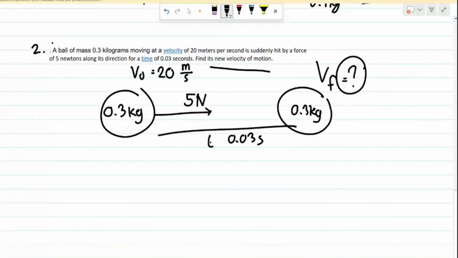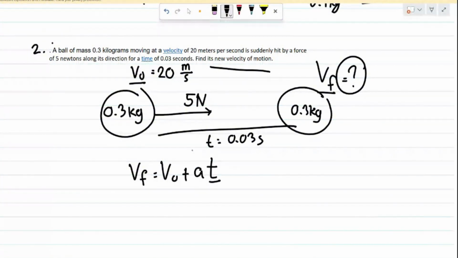Sir, meron po tayong time, meron tayong hinahanap na V sub F at merong given na V sub O. So I think we can use our second equation. So andyan po yung ating V sub F is equals to V sub O plus A times T. Meron po tayong time, meron tayong V sub O, nawawala po si V sub F. Therefore, kailangan muna po nating hanapin ang ating acceleration.